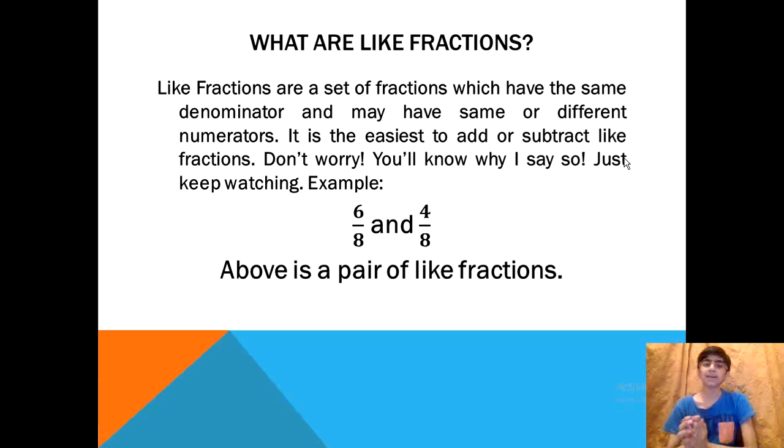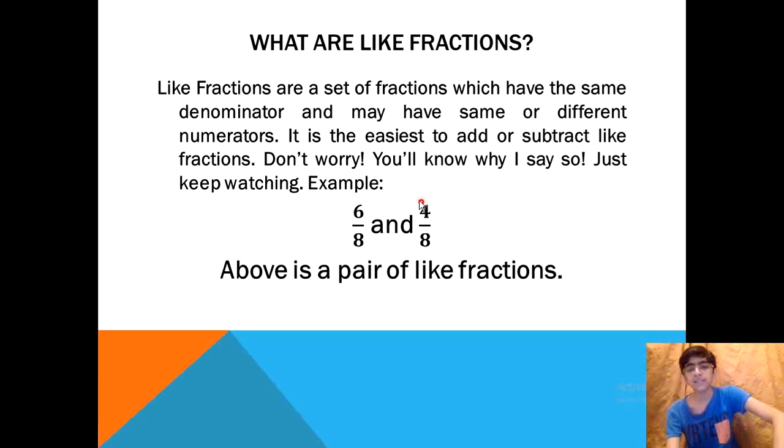Basically, like fractions are a set of fractions, most probably a pair, which have the same denominator. It doesn't matter about the numerator. We have learned about numerator and denominator in the last session, but I would like to tell you again. The one at the top is called the numerator and the bottom one is called the denominator.